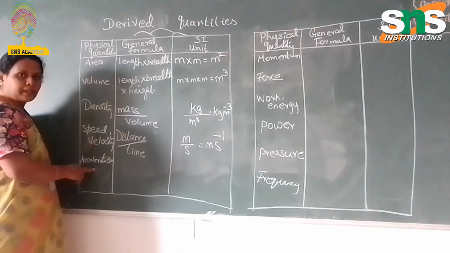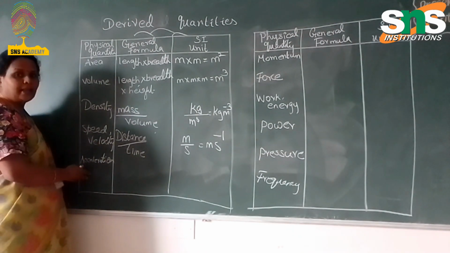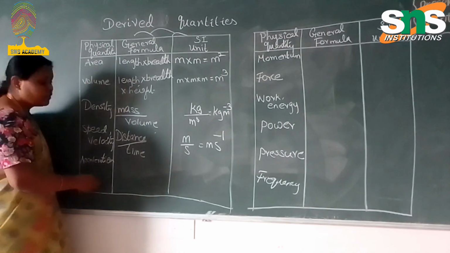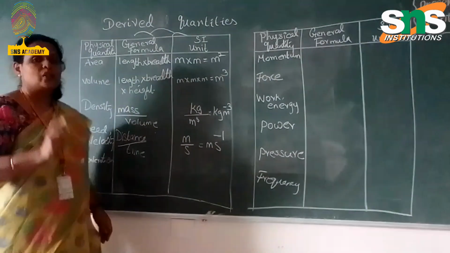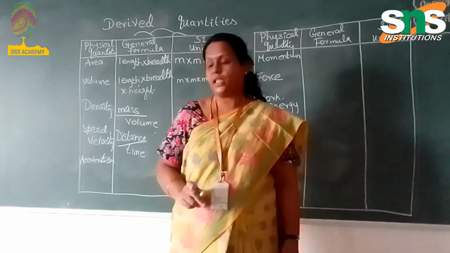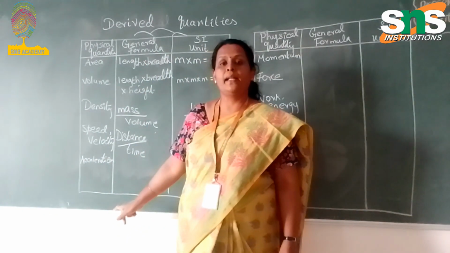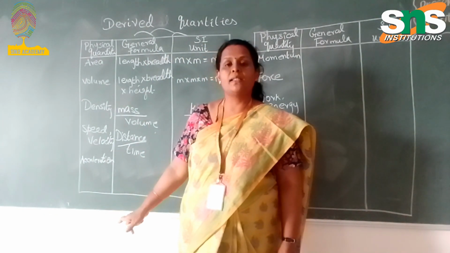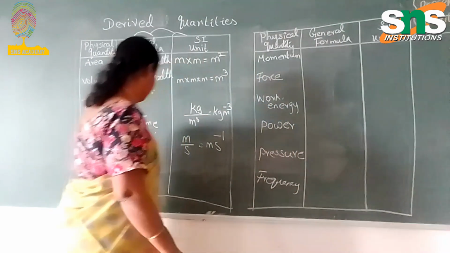Coming to the next one, the formula for calculating acceleration is change in velocity by time. As you all know, acceleration is the rate of change of velocity. So, how can I write the formula? Change in velocity by time.